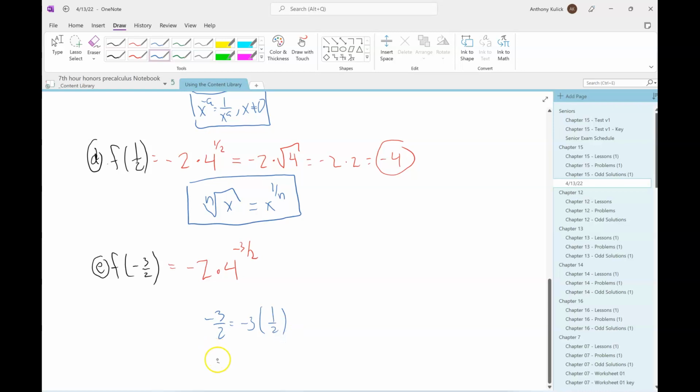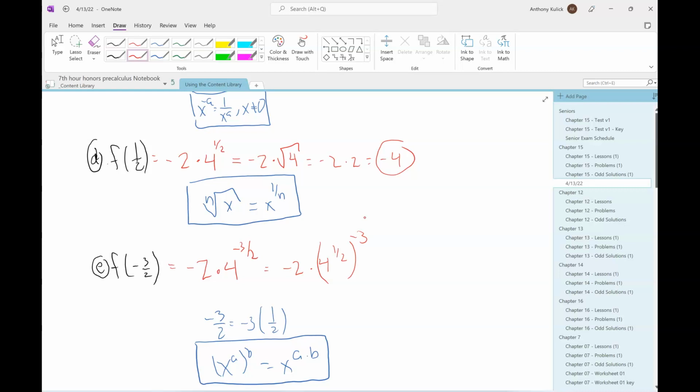And the reason I'm going to think about it that way is so that I can use this exponent of an exponent property. And think about it that way. Everybody cool with how I did that?